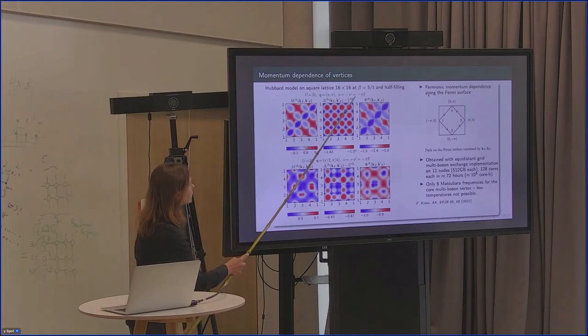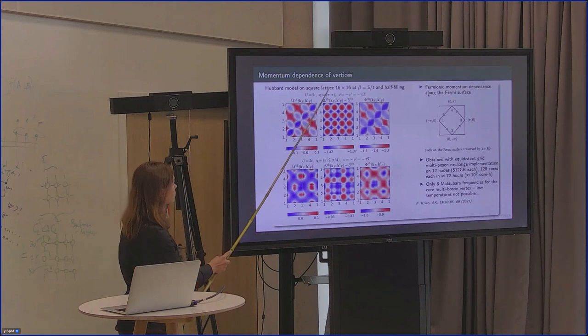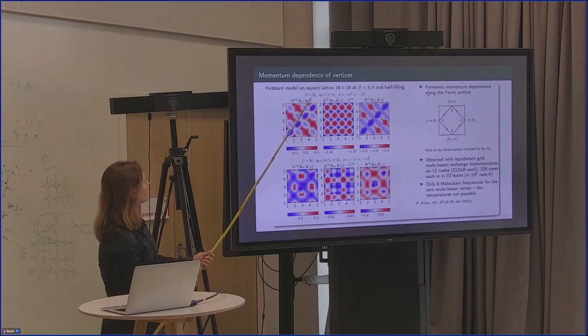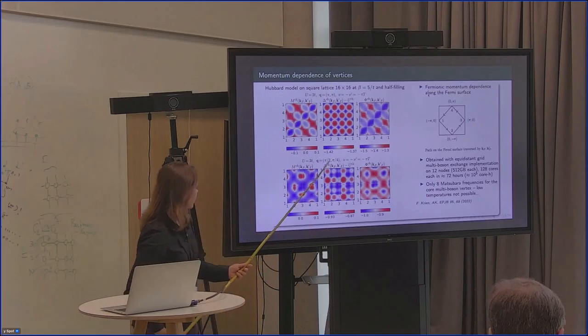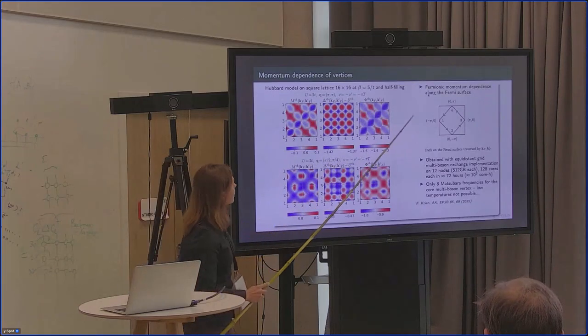The bosonic frequency is fixed to 0, and the fermionic frequencies are fixed to the first Matsubara frequency, positive, negative. And then we fixed also the bosonic momentum, say at pi, or 0. Now, here is a different bosonic momentum, not so symmetric. And then we look at different vertices.